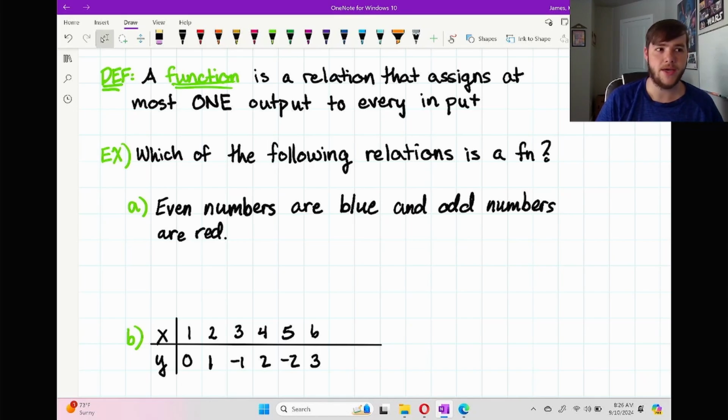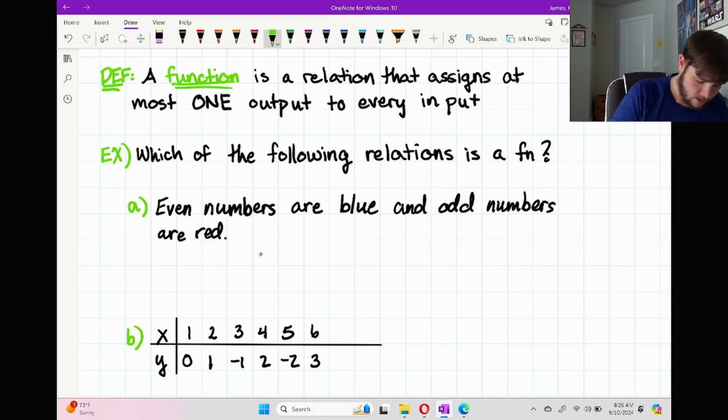But things like pi that are neither even nor odd don't get an output. They don't have a color assigned to them. So at most 1, 0 is okay. It is okay for a number not to be assigned an output. So this one is a function.